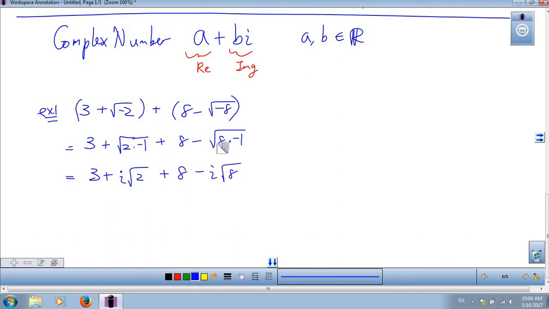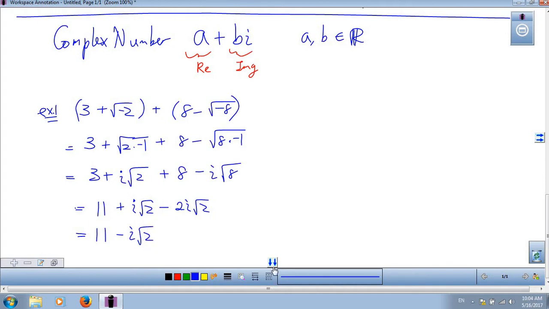Now we can combine 3 plus 8, so we have 11, and this is i square root 2. Here, we can simplify square root of 8, which is 2 square root 2, so it becomes 1i minus 2i, so negative i square root 2. And this is the summation of those two complex numbers.